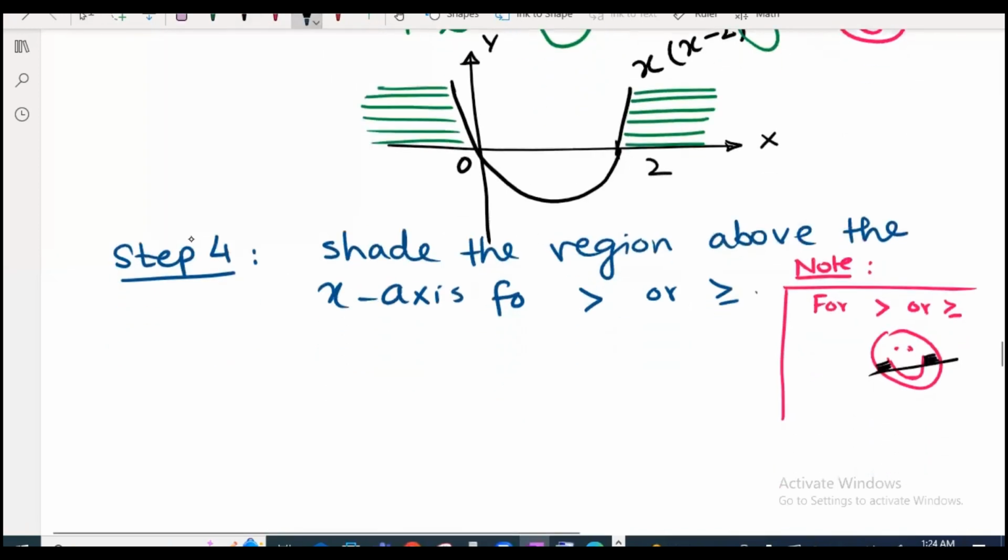Step number 4 is write down the answer by observing the shaded region. So I'm going to write step number 5, sorry.